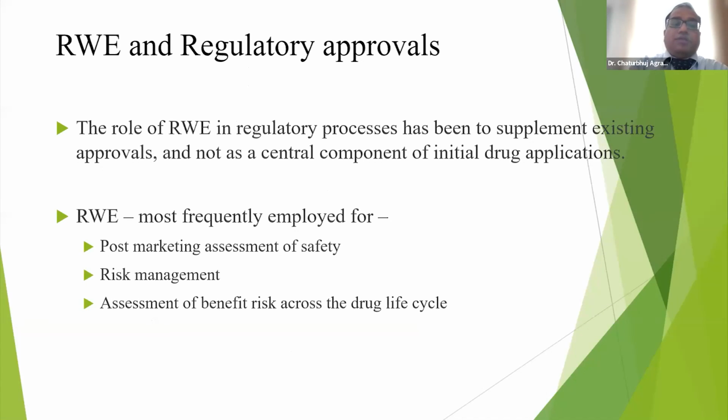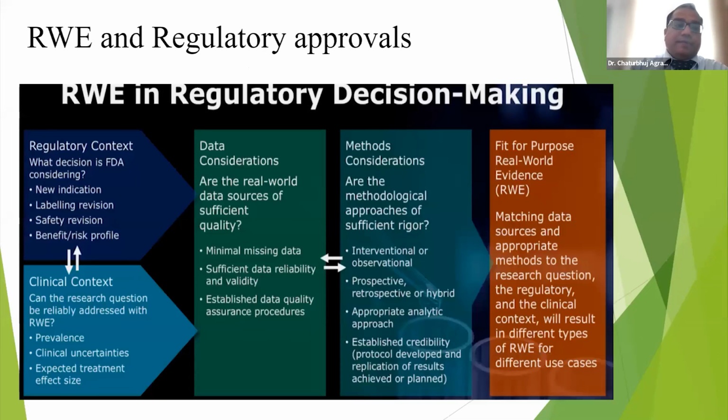So the role of real world studies in the regulatory process has been to supplement existing approval and not as a central component of the initial drug application. They are most frequently applied for post marketing assessment, risk management, and assessment of benefit risk across the drug life cycle. So for real world evidence in regulatory decision making, as I've already said, the regulatory context and clinical context have to go together.